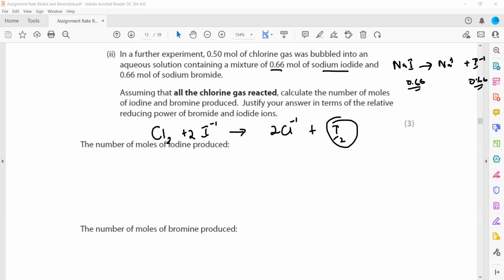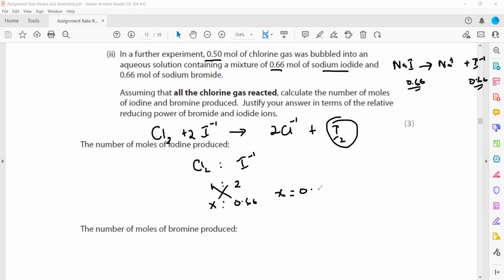So first we'll use the ratio. The ratio between chlorine and iodide is 1 to 2. Because iodide is the limiting reagent, if we have 0.5 moles of chlorine we should have 1 mole of iodide, but we have only 0.66. So 0.66 is limiting.